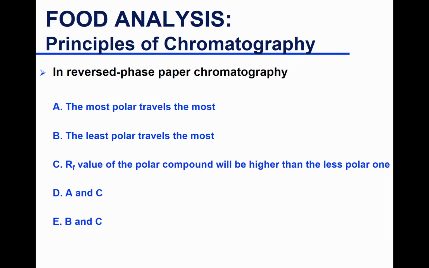They will not want to travel. They want to stay more with the stationary phase. It's A and C. The Rf value of the polar compound will be higher. Yes, A and C. Correct.